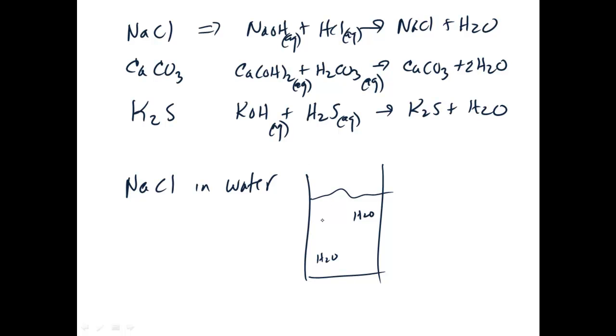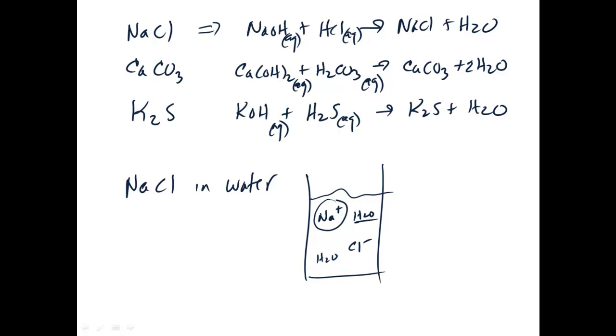So we add sodium chloride, and the sodium chloride dissolves. We see the solid dissolve into the liquid, so we get this. And remember, there's a cage that forms around the ions. The water's polar, the oxygens being slightly negative orient themselves around the sodium ion, and the hydrogens being slightly electropositive orient themselves around the chloride ion.